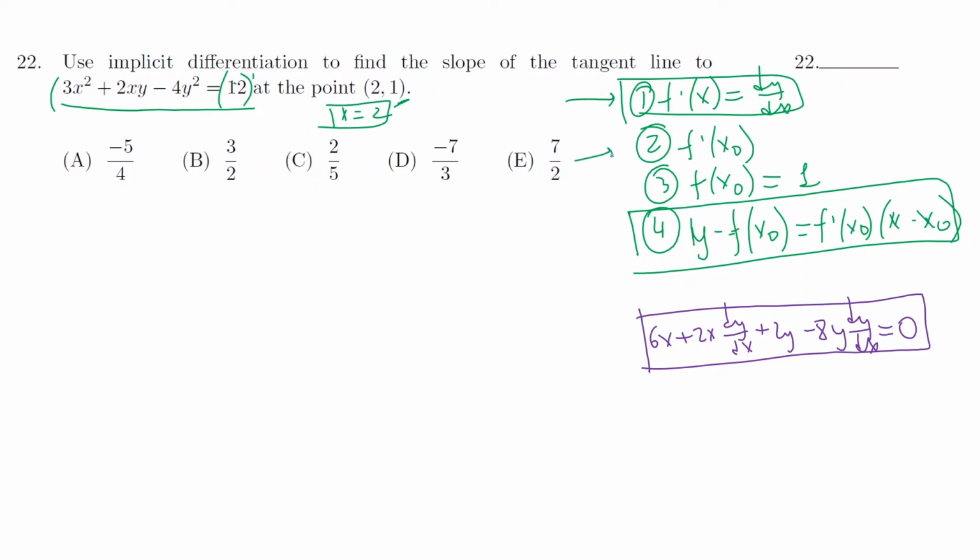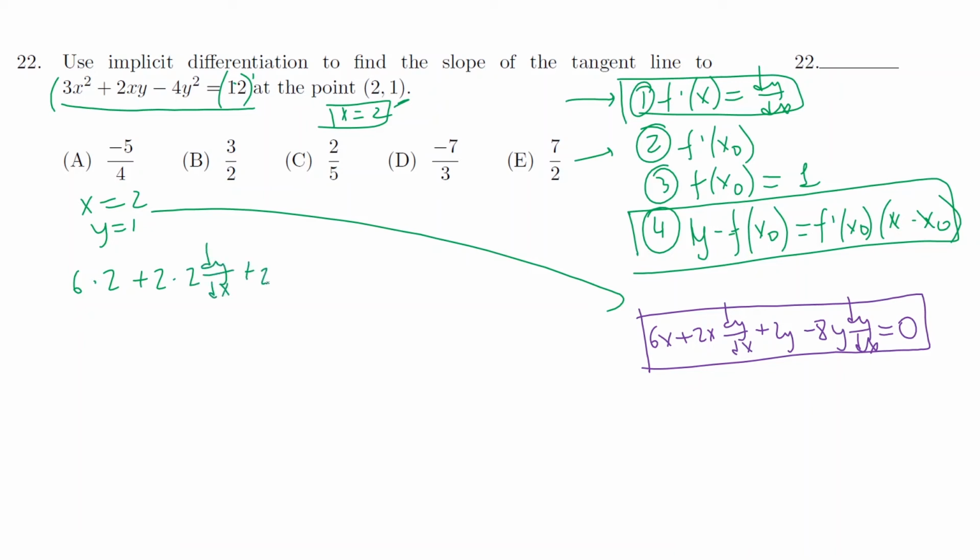So what I'm doing is I'm plugging both x equals 2 and y equals 1 into this equation. So 6 times 2 plus 2 times 2 dy/dx plus 2 times 1 minus 8 times 1 dy/dx equals 0. 12 plus 4 dy/dx plus 2 minus 8 dy/dx equals 0.